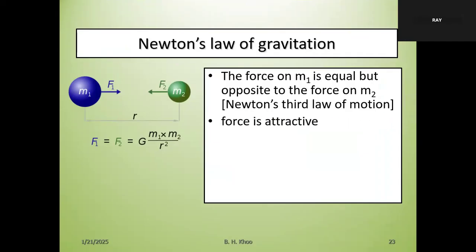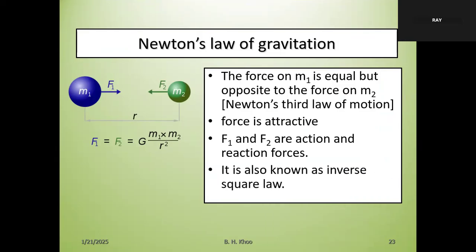Force on m1 is equal but opposite to force on m2. That's Newton's third law, action and reaction forces. The force is attractive. It's known as an inverse square law, because of the r squared.